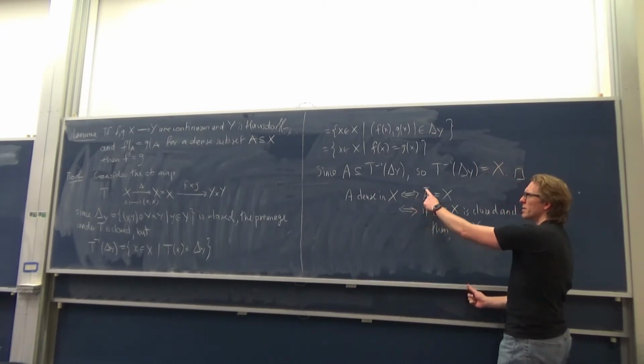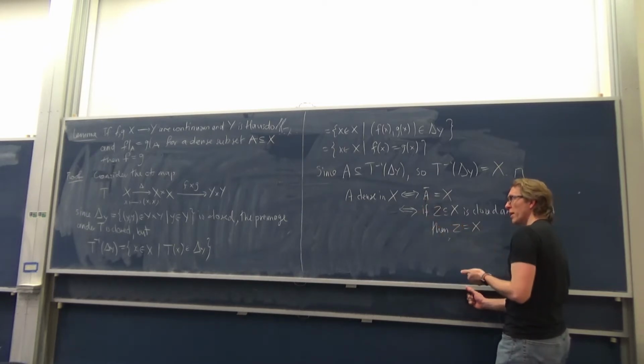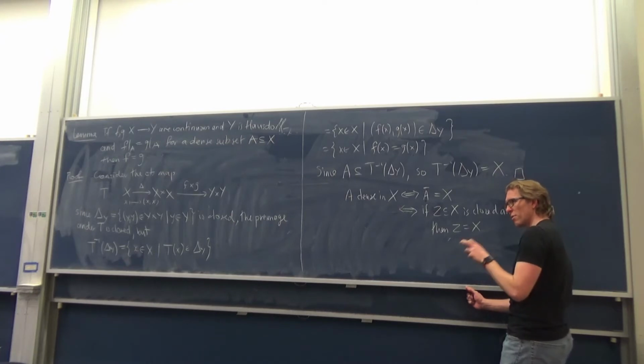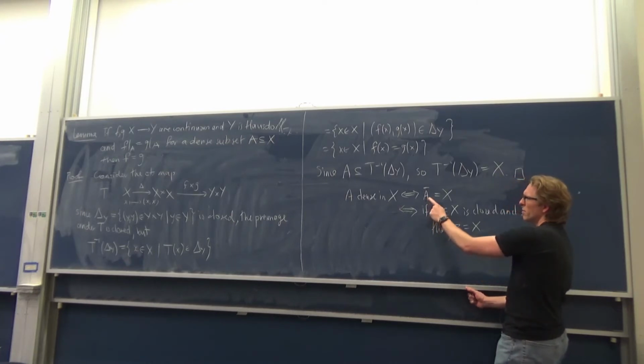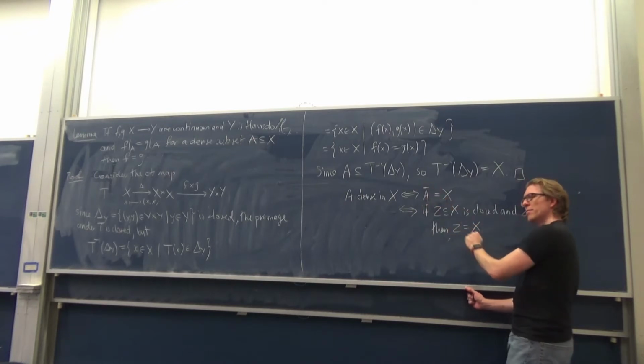A closure means the intersection of all closed sets containing A. Equivalently, it's the smallest closed set containing A, because intersections of closed sets are closed. So to say this is equal to X is to say that any closed set containing A is equal to X, just by the way that's defined. So that's what that says.